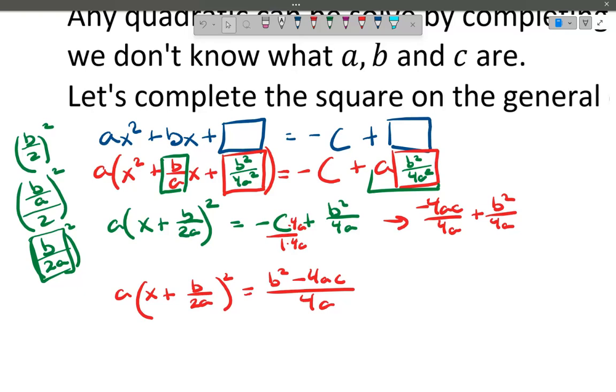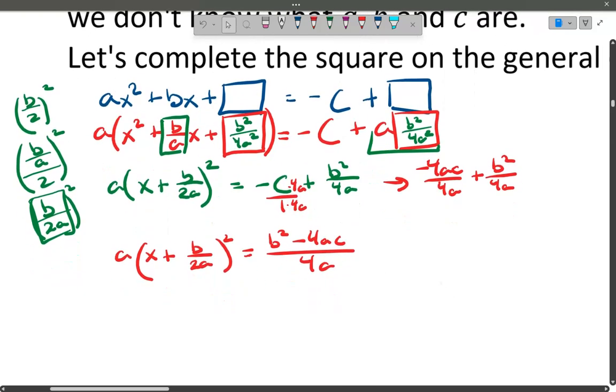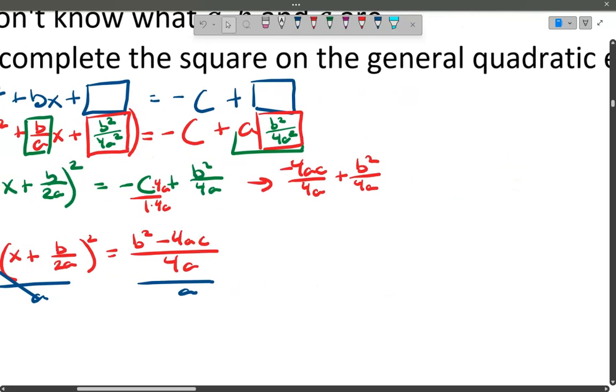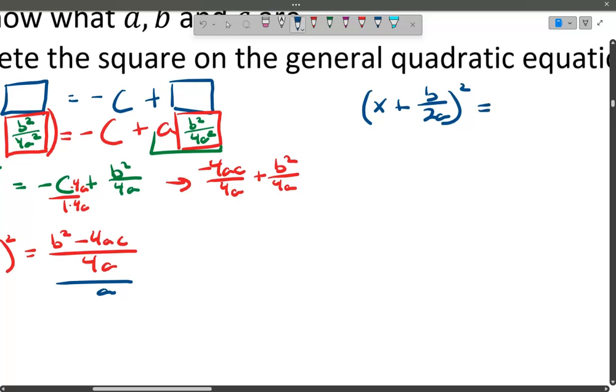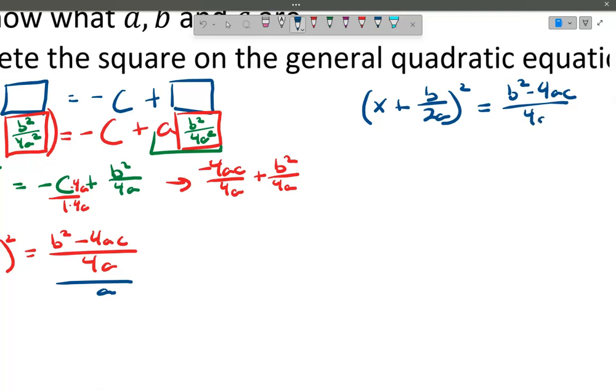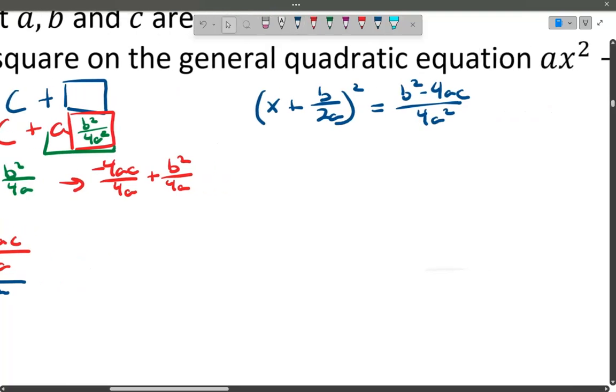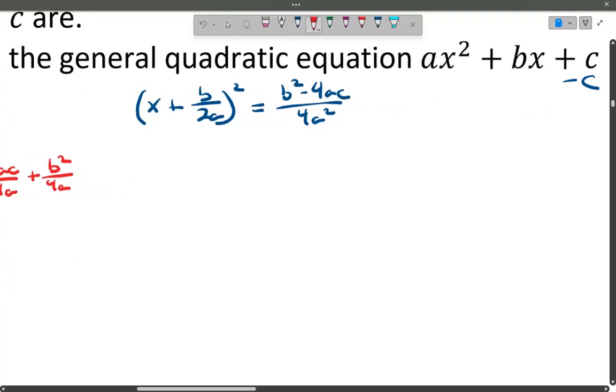So now that we've got it in the vertex form, we can go ahead and solve. We're going to divide both sides of the equation by a. That'll cancel it out from the left. That's going to leave us with x plus b over 2a, quantity squared, equals b squared minus 4ac over 4a squared. Now we can apply our square root property.